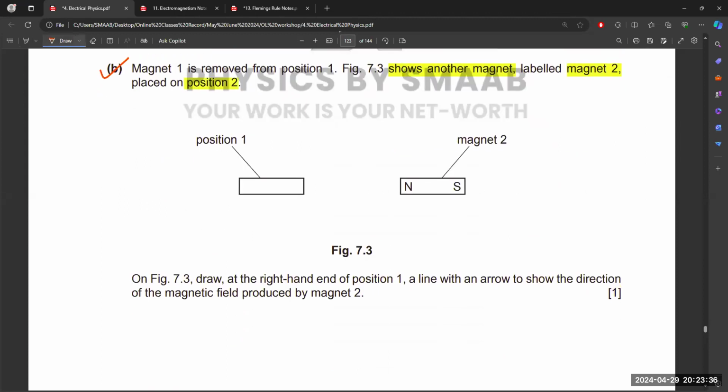On figure 7.3, again draw at the right hand end of position 1 a line with an arrow to show the direction of the magnetic field produced by magnet 2. Again, you have to show the arrow to represent the direction.